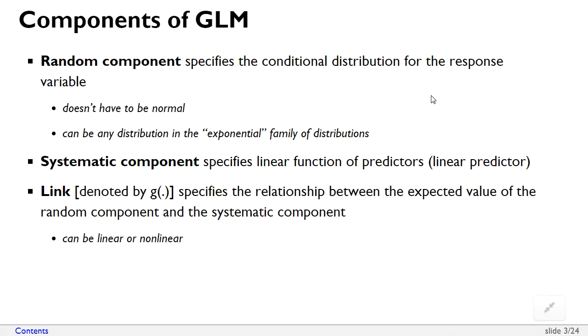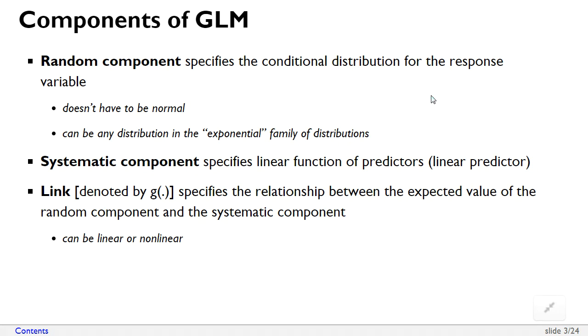The systematic component is this linear function, a set of coefficients that are multiplied by the predictors and then added together. This is the same for the entire family of generalized linear models. That systematic component is always the same idea, a linear set.